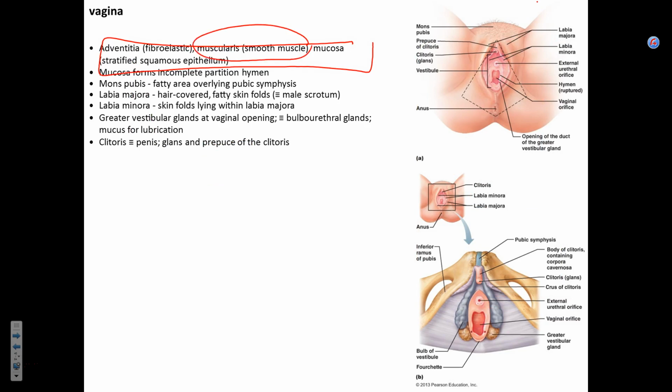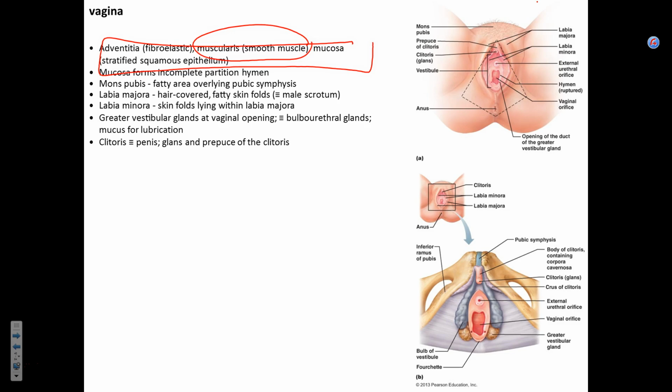Smooth muscle. Vaginal contractions are necessary, especially in reverse peristalsis, to propel sperm after the intercourse into the uterus so it can actually reach fallopian tubes. And mucosa, which is stratified squamous epithelium.